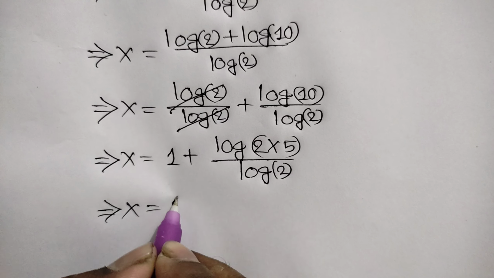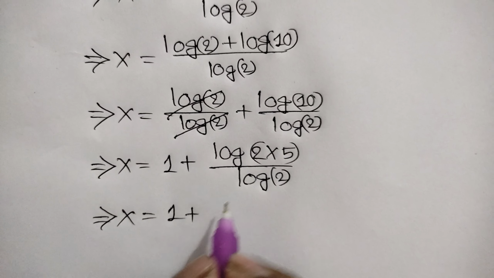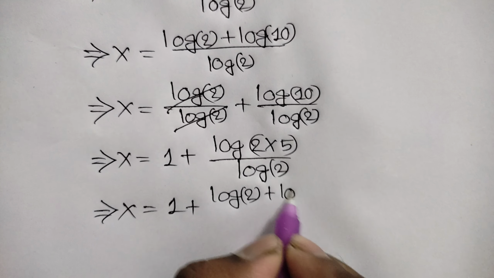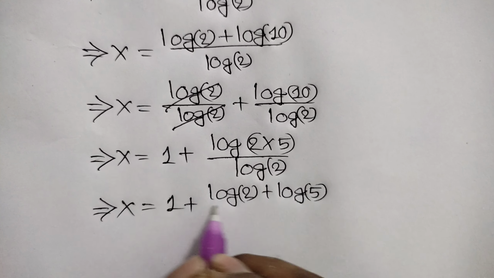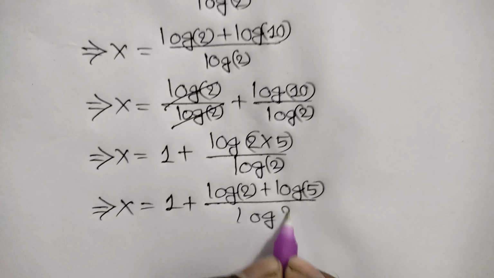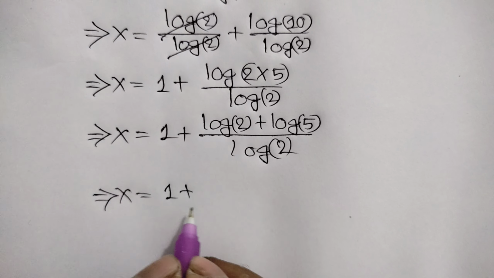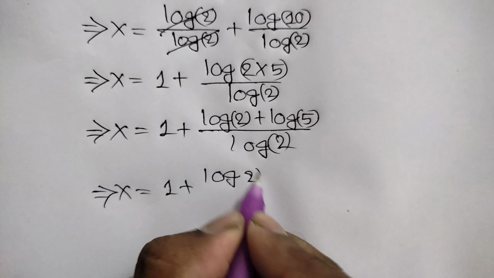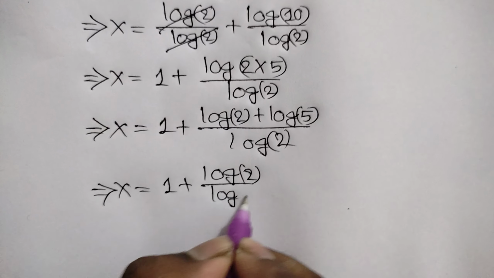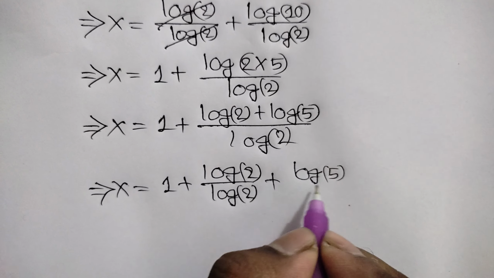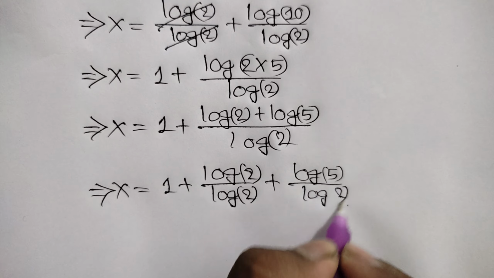Then x is equal to 1 plus log of 2 plus log of 5 over log of 2. Or x is equal to 1 plus log of 2 over log of 2 plus log of 5 over log of 2.